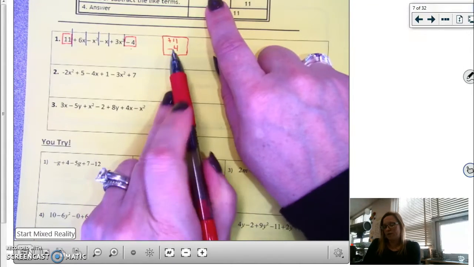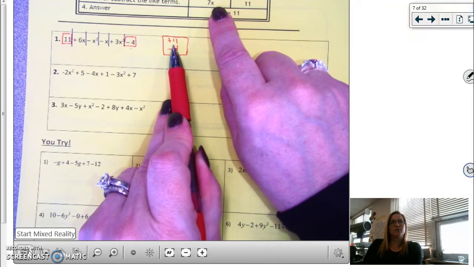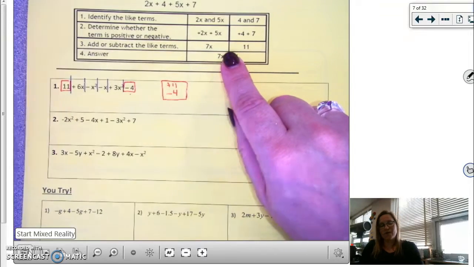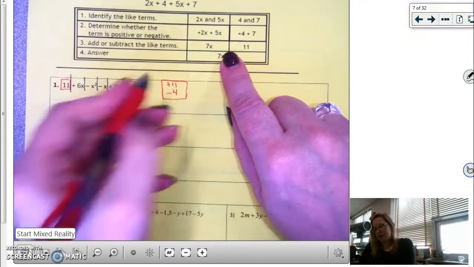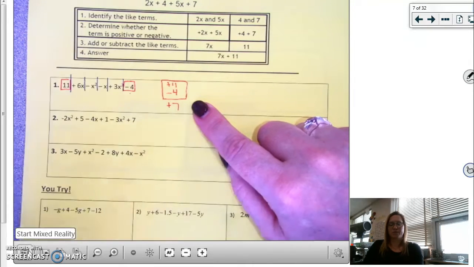So there's that step. I have a positive, I have a negative, add or subtract, different signs subtract, 11 minus 4 gives me a positive 7. So now I combine those two terms to one term.